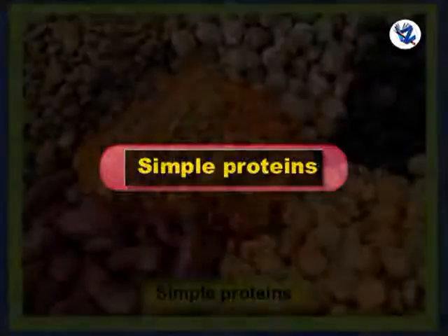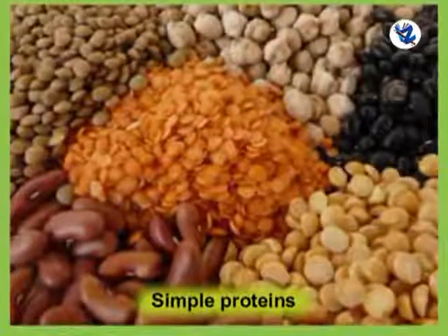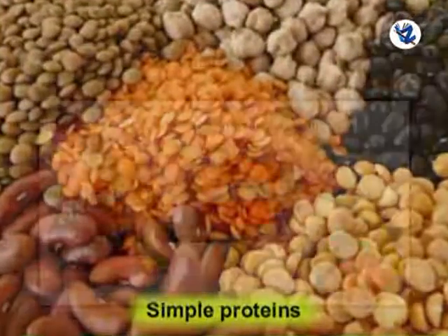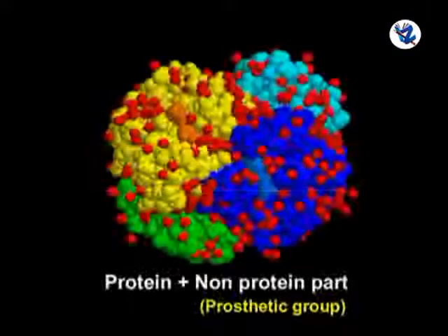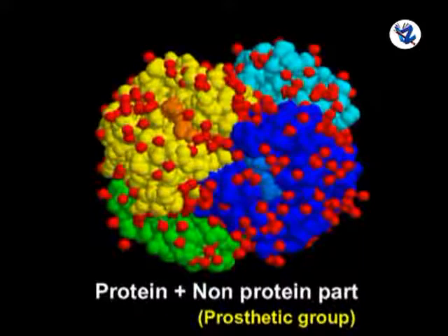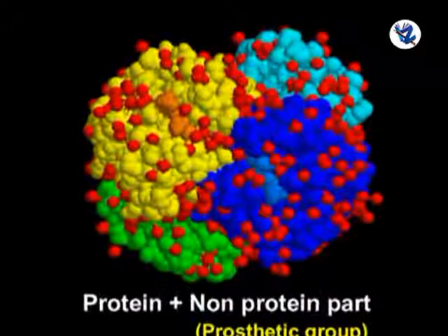Now, classification of proteins. Simple proteins are composed of only amino acids or their derivatives. For example, histone.